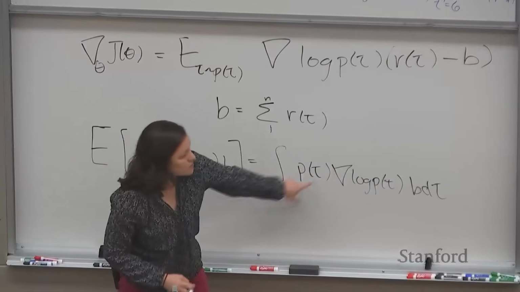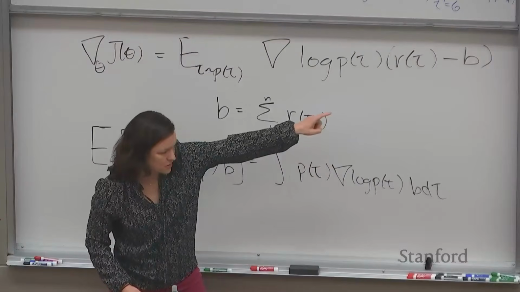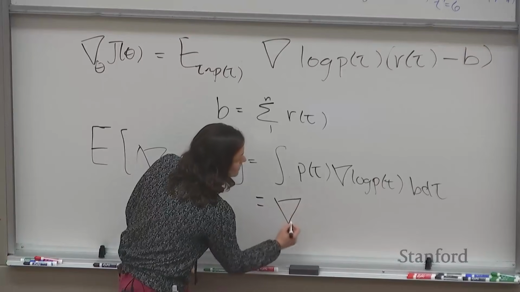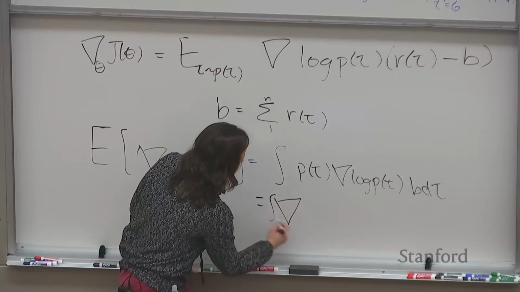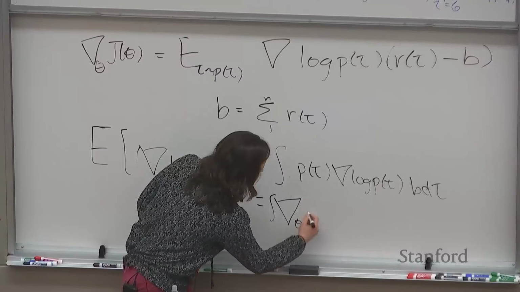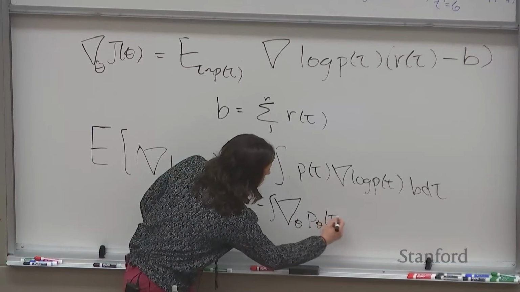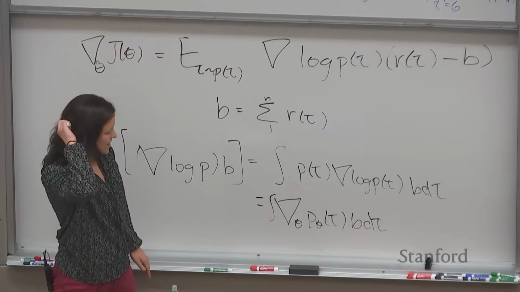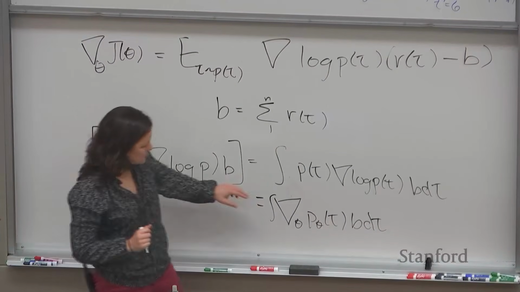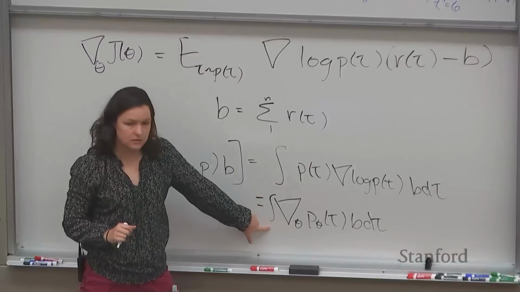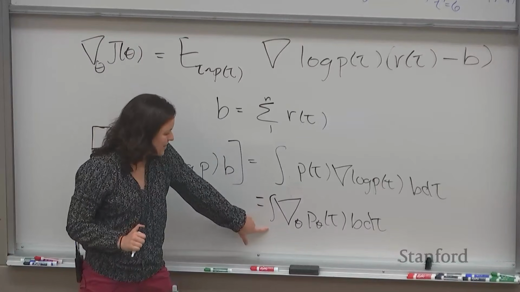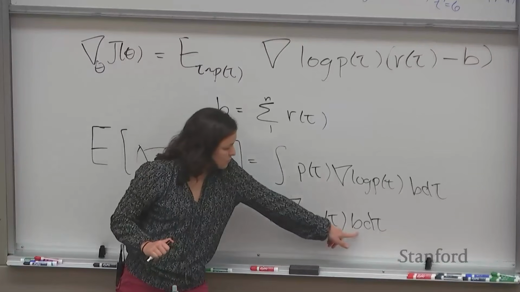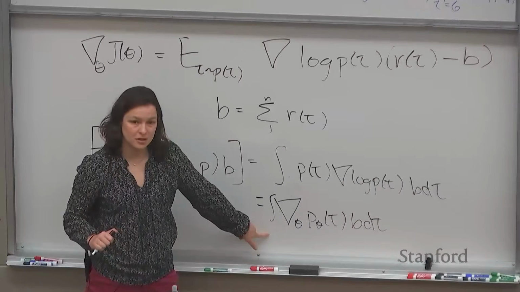We can then use the same trick that we used before, but in reverse. This is equal to the integral of grad p theta of tau times b d tau. The gradient can be moved to the outside of the integral because this is a linear operation. We can also move b outside the integral because it's a constant.